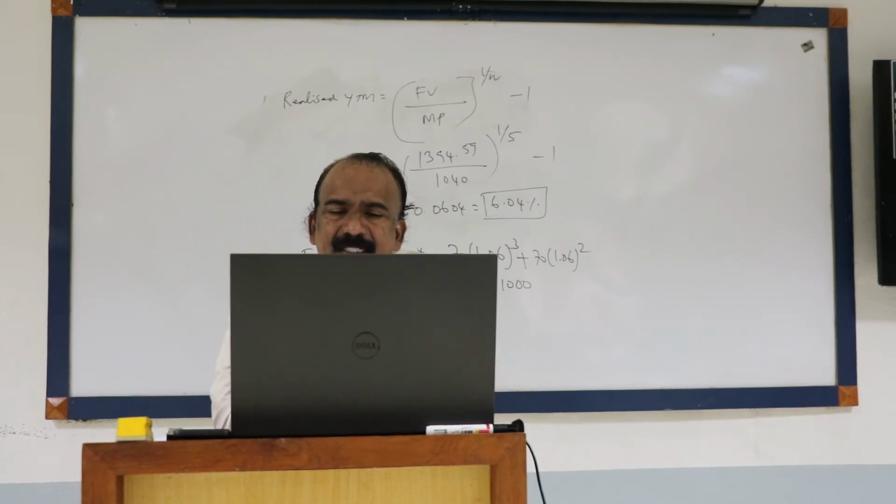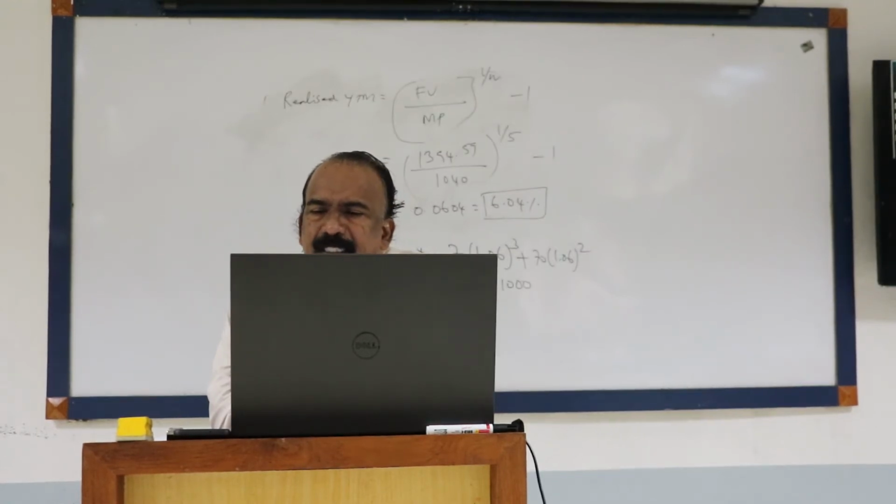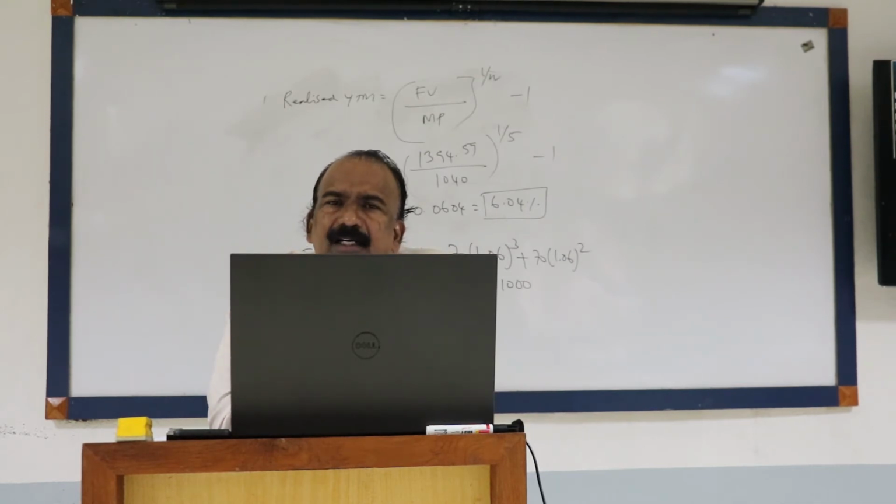Yield is 18%. R is 18%. Coupon rate is 10%. The coupon rate is less than the R. So the value of the bond will be higher than the par value or less than the par value? The yield is higher.